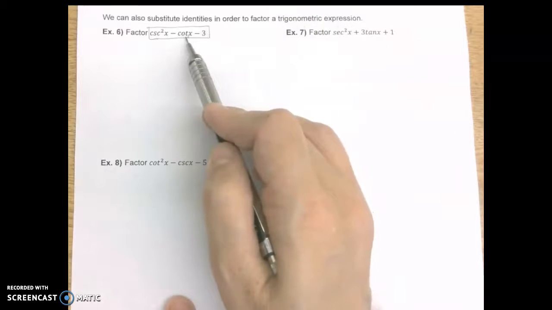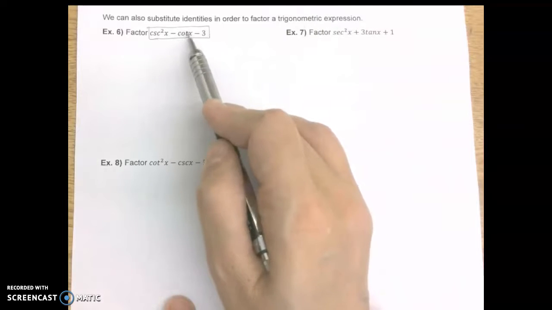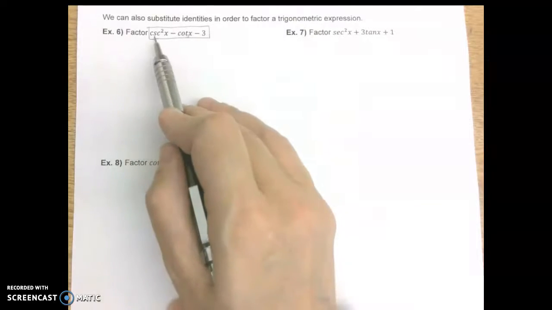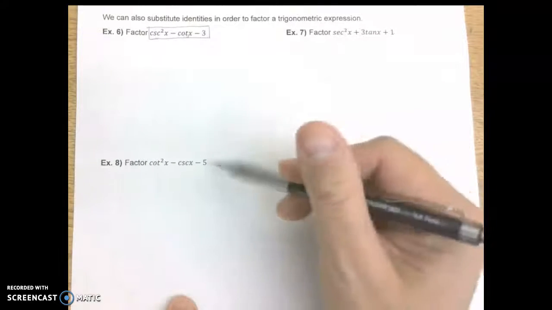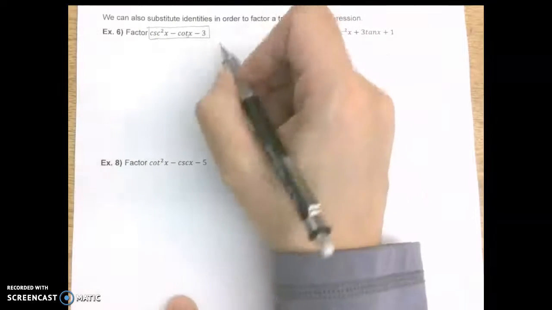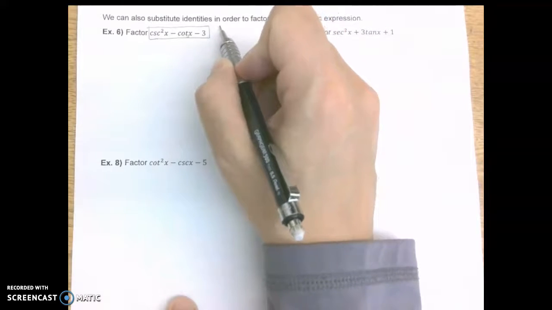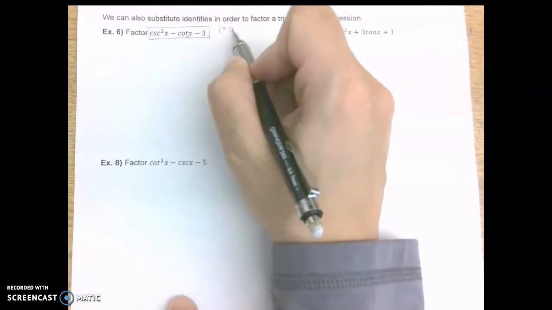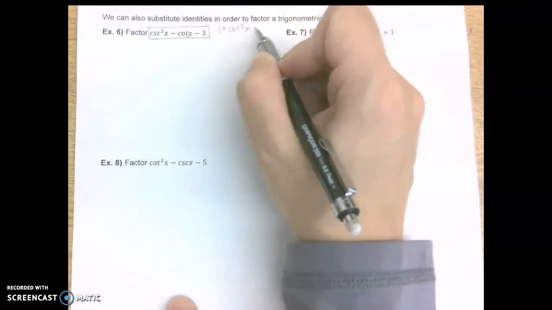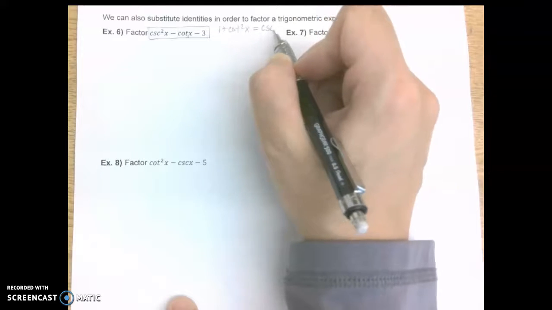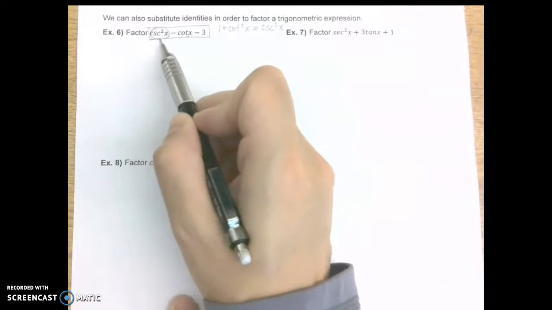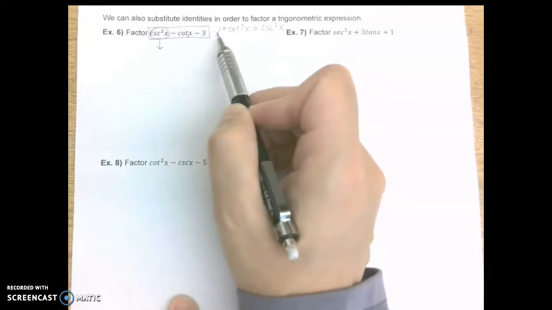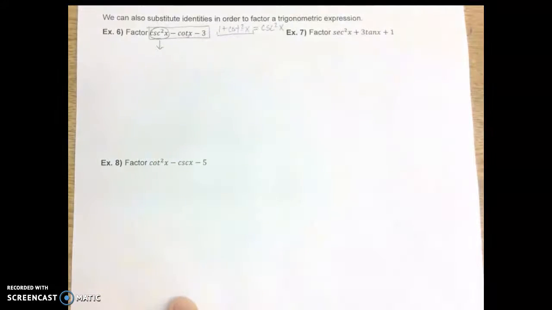Well, I don't have any identities that deal with cotangent to the first power, but I do have some identities that have a cosecant squared, and most all of these will be Pythagorean identities. So I know that 1 plus cotangent squared x is equal to cosecant squared x. So I'm going to substitute this for this expression here.